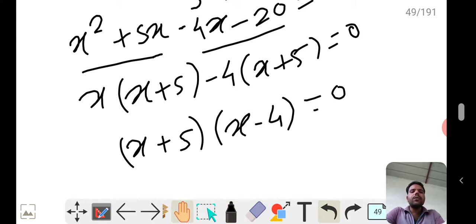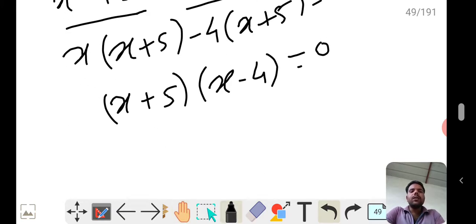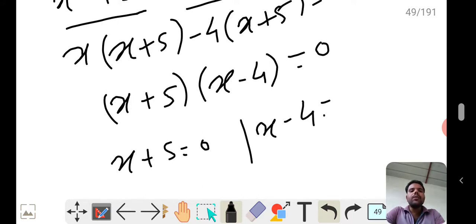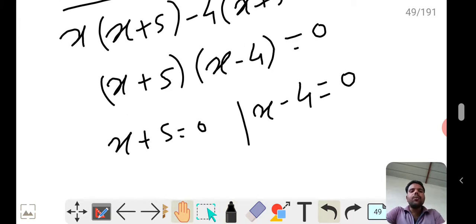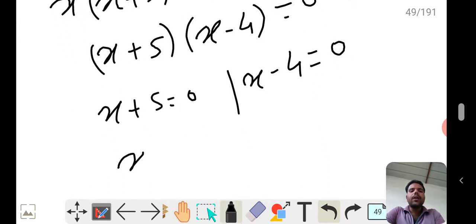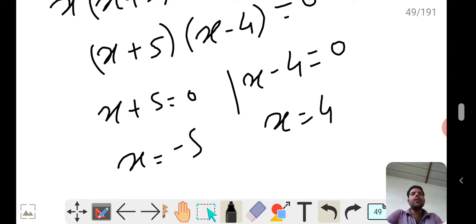Now we can solve this, because we know that the multiplication of two numbers is 0 if one of the two numbers is 0. So we can write x plus 5 is equal to 0, or x minus 4 is equal to 0. So we have x is equal to minus 5 or x is equal to 4 as the solution for the given quadratic equation. Let's see another example.